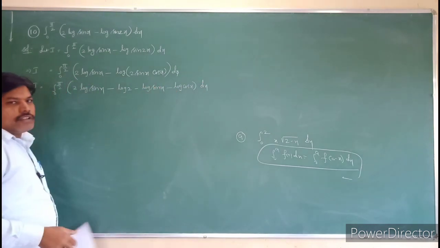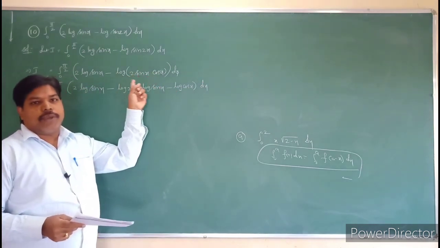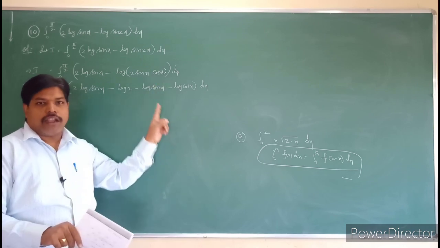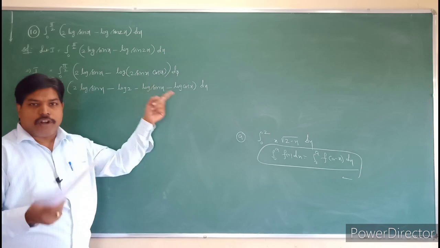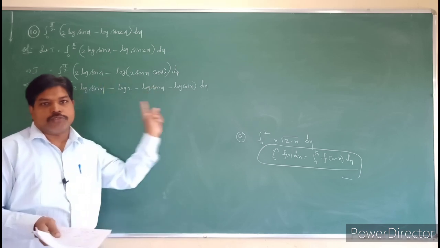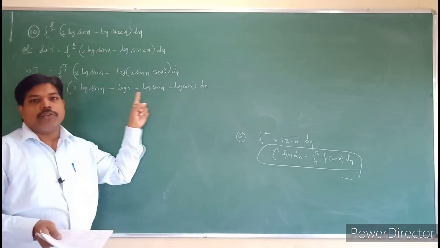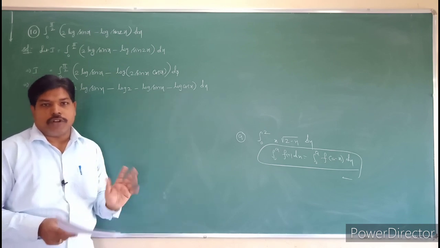Do you understand, students? Log of ABC is nothing but log A, it means log 2 plus log of sin x plus log of cos x. But before minus is there, all the terms will get minus: minus log 2 minus log of sin x minus log of cos x.